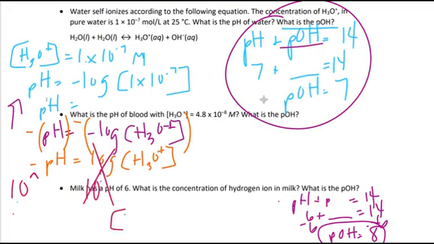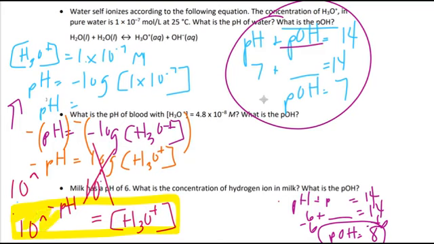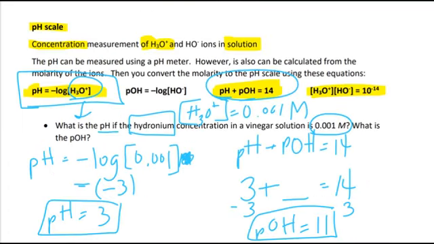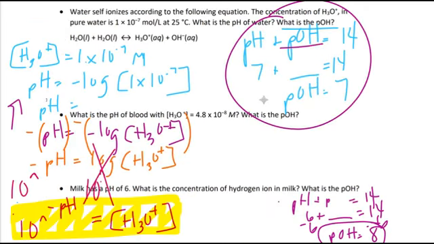So then I'm left with my hydronium concentration is equal to 10 to the negative pH. I'm not going to expect you to know how to get to this. Hopefully you can see how we got to it, but now we can write this down in my arsenal of equations: to find the concentration of hydronium, I would take 10 to the negative pH. So here, to find the concentration, all I need to do is 10 to the negative 6.